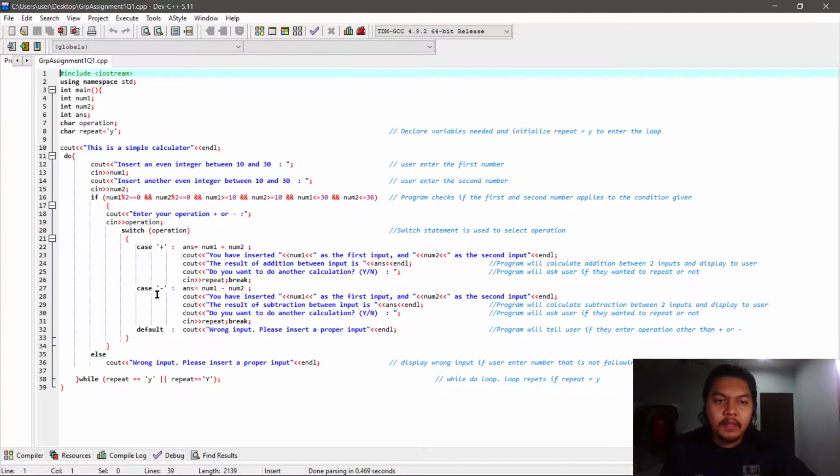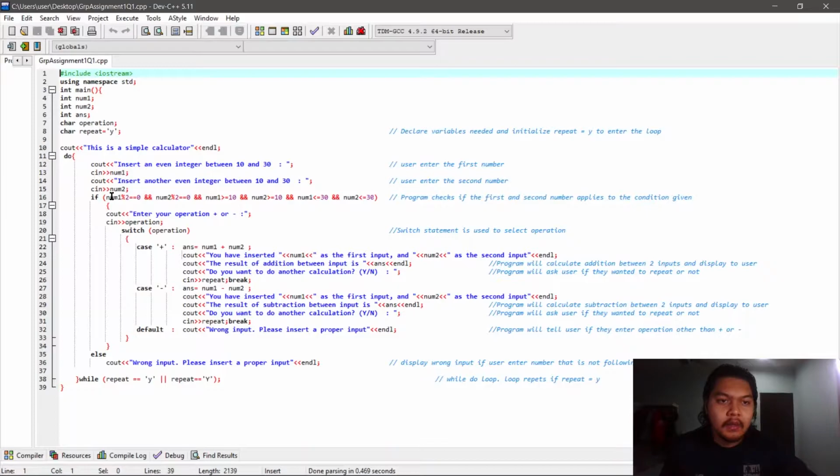Same goes for minus. This is the equation: answer equals number 1 minus number 2, and the program will display the answer and ask the user if they want to repeat the calculation or not. Else, we set a default: if the user enters neither plus nor minus, the program will display wrong input. Please insert a proper input.